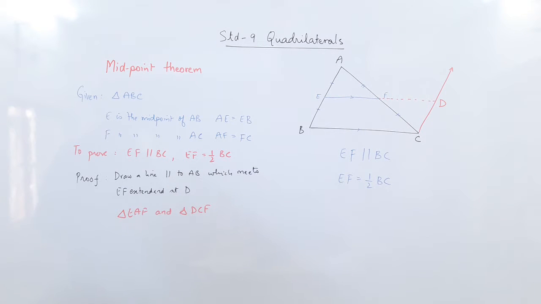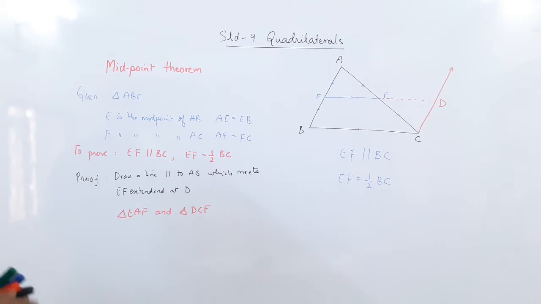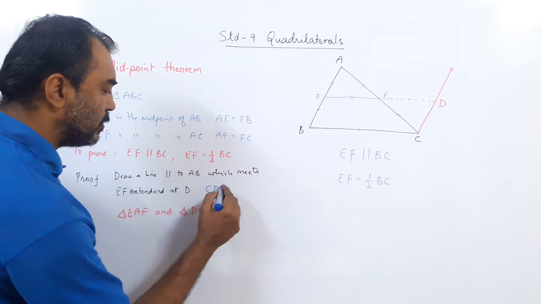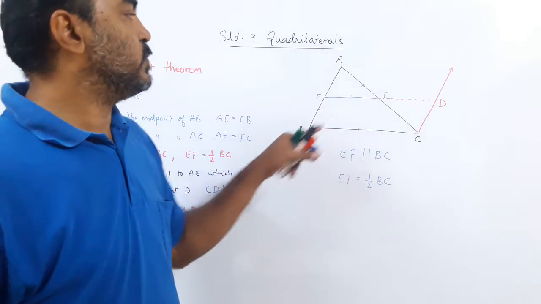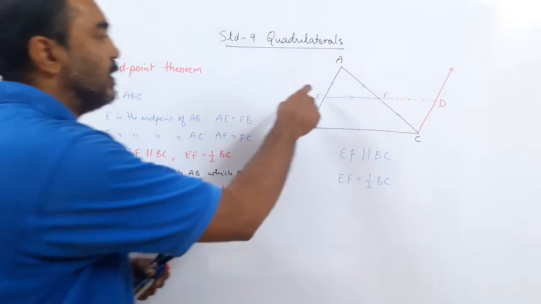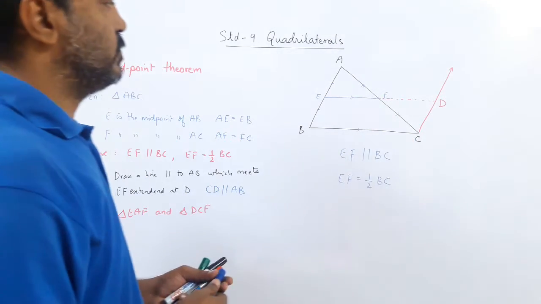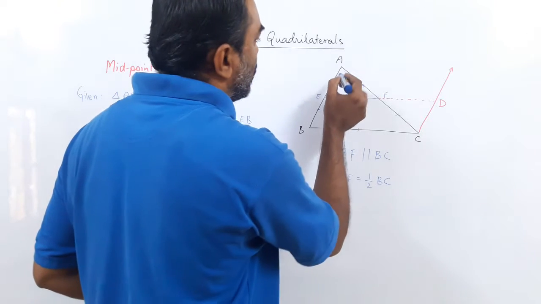So you all see what the construction is. We drew a line parallel to AB, so here we can even mention that CD is parallel to AB. We have drawn it in such a way that CD is parallel to AB. So this is what we get. Now look at triangles EAF and DCF.